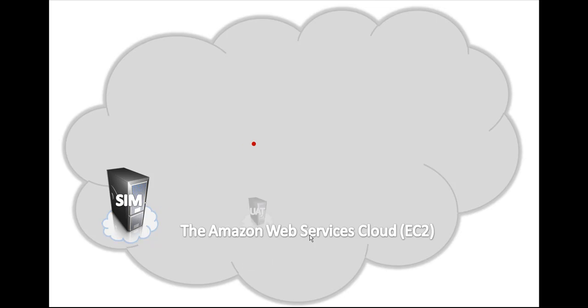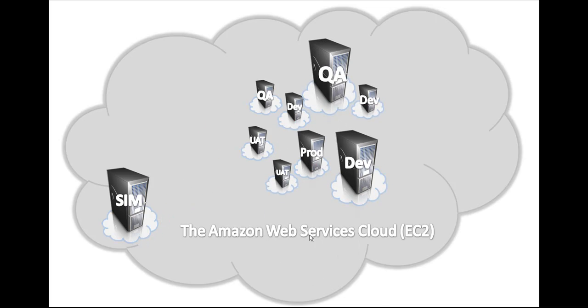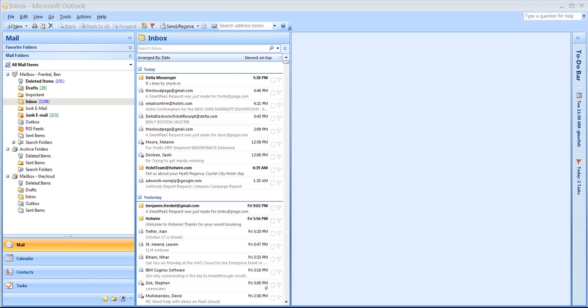And as you can see here, the intent is that the SIM console manager is also a software as a service application, and from that console that we just looked at, you can create UAT, QA, and really a multitude of different environments. And the SIM solution is ideally suited for people who need to create many environments and want to take advantage of the efficiencies of having that process automated.